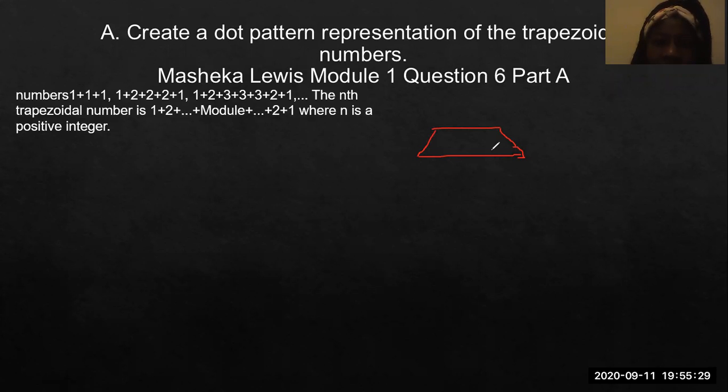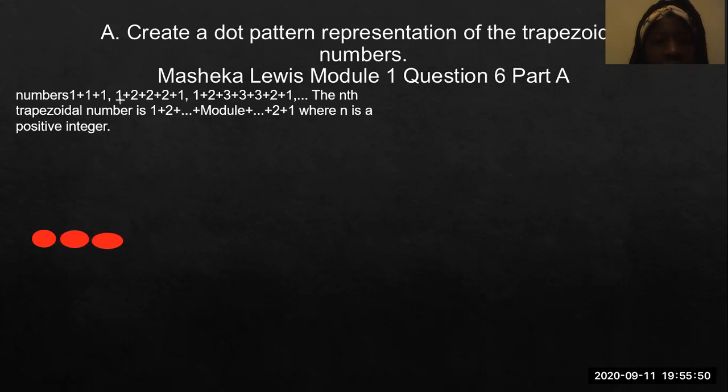Now it says to create it, so we're going to move this down here. To create this, let's have 1, 2, 3, so let's have a space of 3. Let's use circles instead.